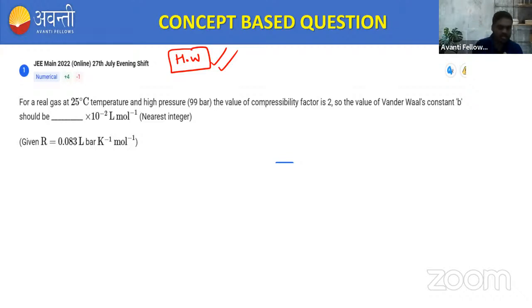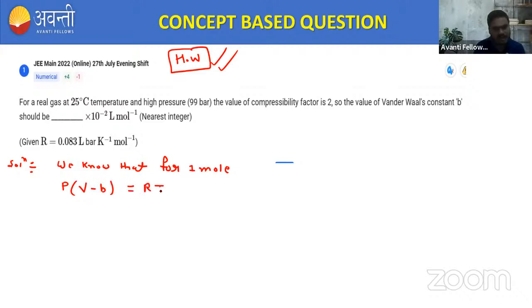ठीक है? तो चलो. So we all know that जब हम gaseous state का derivation part करते हैं, so we know that for one mole, right? For one mole. तो मैं 1 मोल के लिए लेके चल रहा हूँ, for 1 mole, that is n is equal to 1, P(V minus B) is equal to RT.